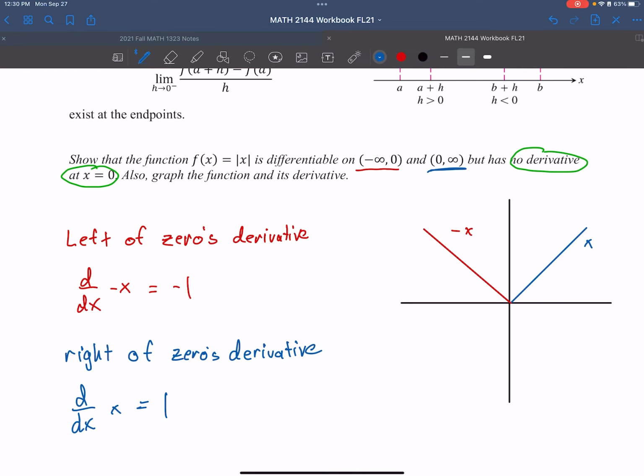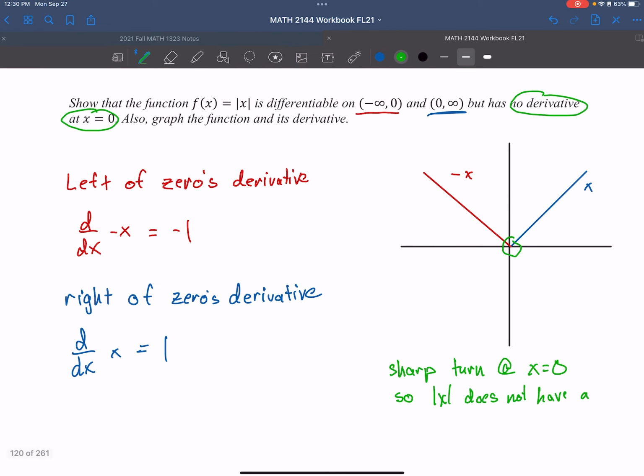So right here at 0, we can see we have a sharp turn at x equal to 0. So the absolute value of x does not have a derivative at x equal to 0.